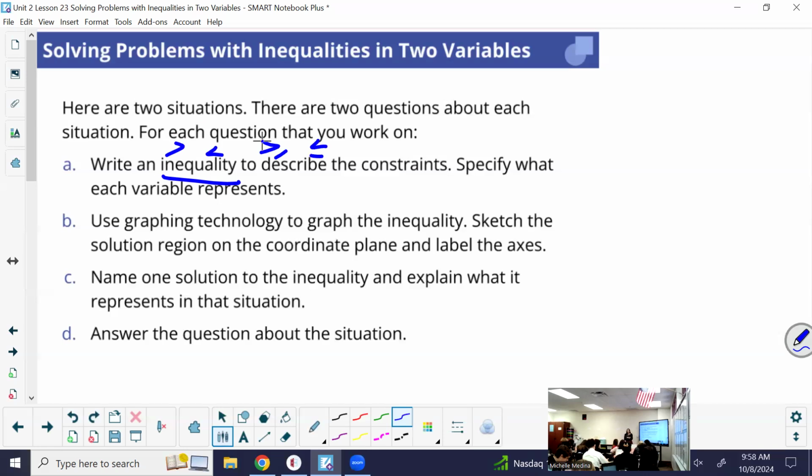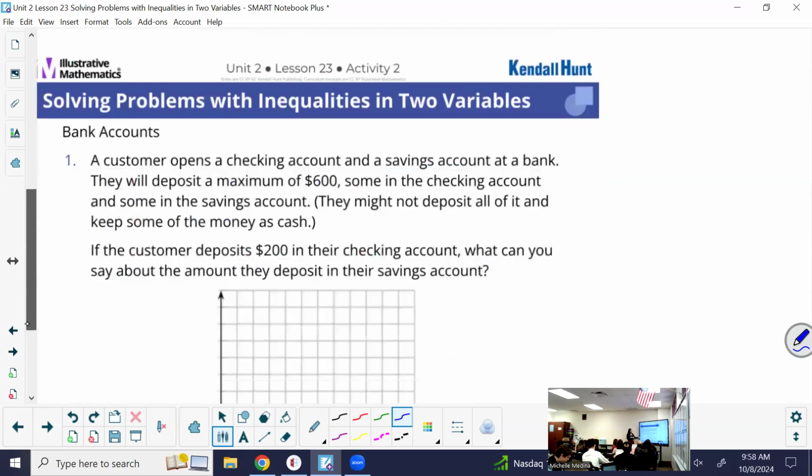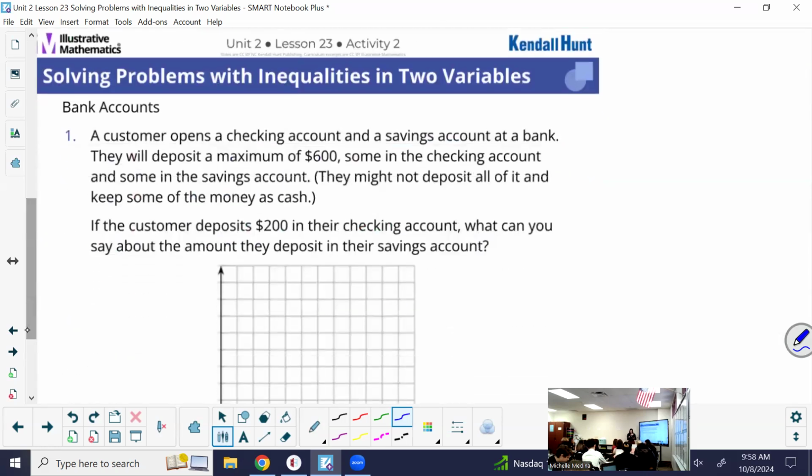So the hard part is creating an inequality. Be able to tell me where the solution would be on your graph, and there's an extra question about each situation, so don't get confused. Like for this first one, it's this first paragraph that you'll make an inequality for, and this is just an extra question.